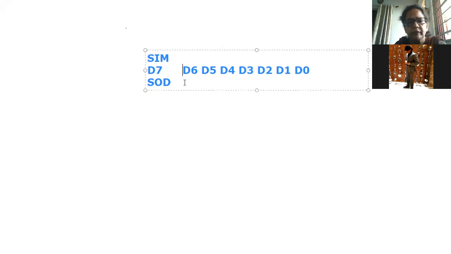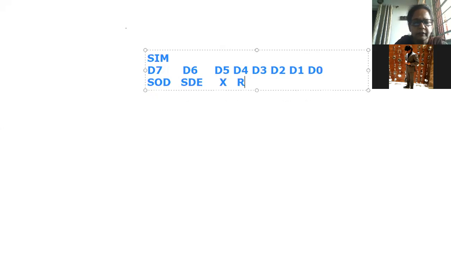So this represents SOD. This is called SDE, that is serial data enable. Then this is a don't care condition. Then this is the reset flip-flop. D4 is for resetting the internal flip-flop for RST 7.5.